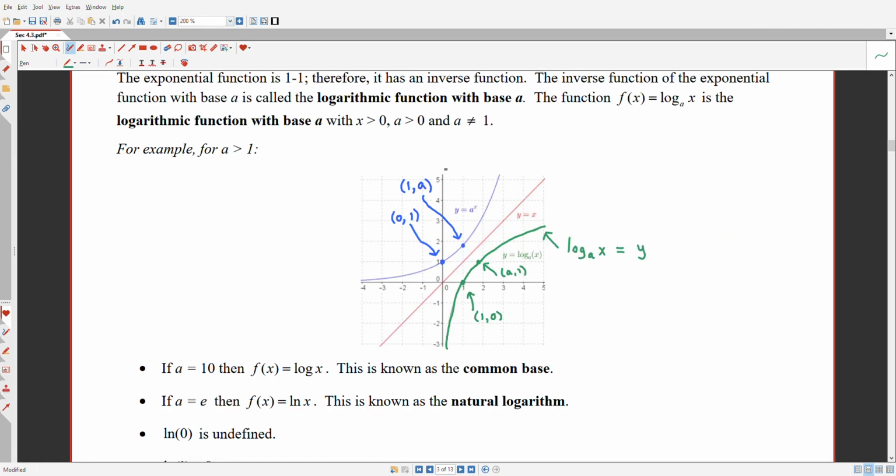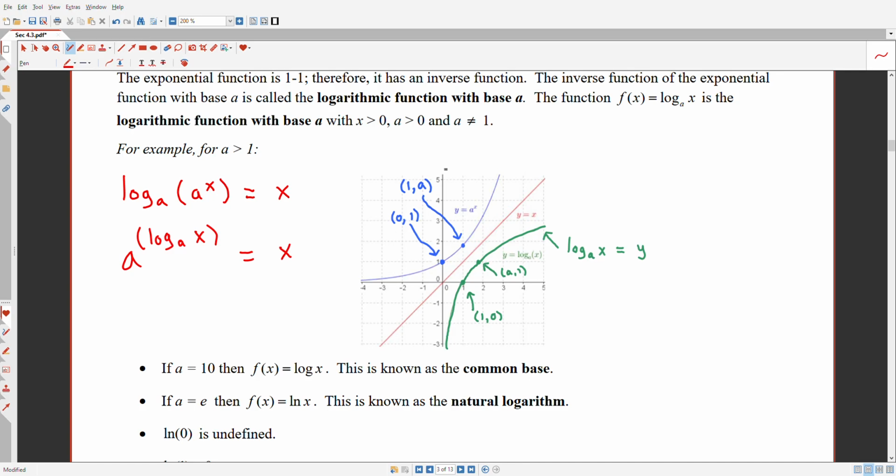For example, what we know is that when we compose these two, maybe I'll write this in red, when I do the log base a of a to the x, putting one function inside the other, they completely cancel. This also happens if you compose it the other way. If I do a to the power of log base a of x, all these functions cancel and we're just left with x.